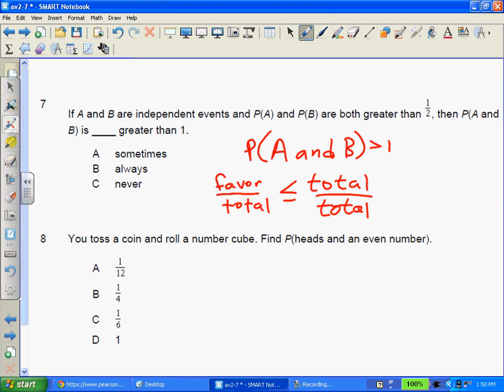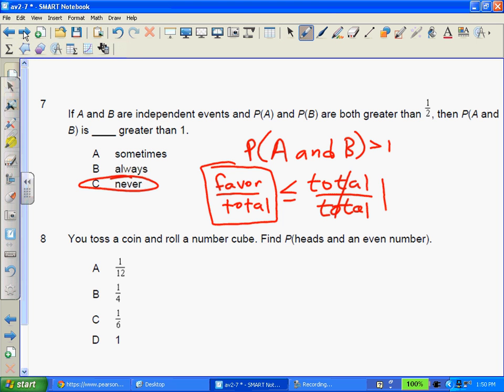Since these would be the same number, that would cancel to 1. So the probability of any event has to be less than or equal to 1. Therefore, the probability of A and B is never greater than 1, because 1 is certainty. 1 is the highest probability that you can have.